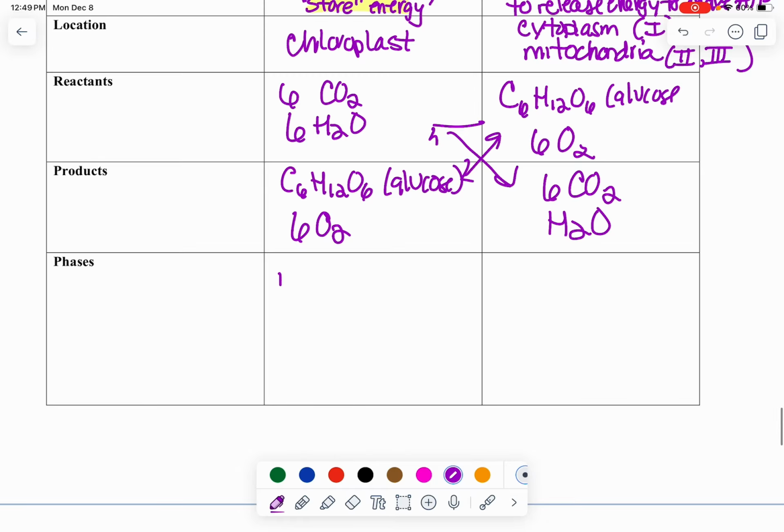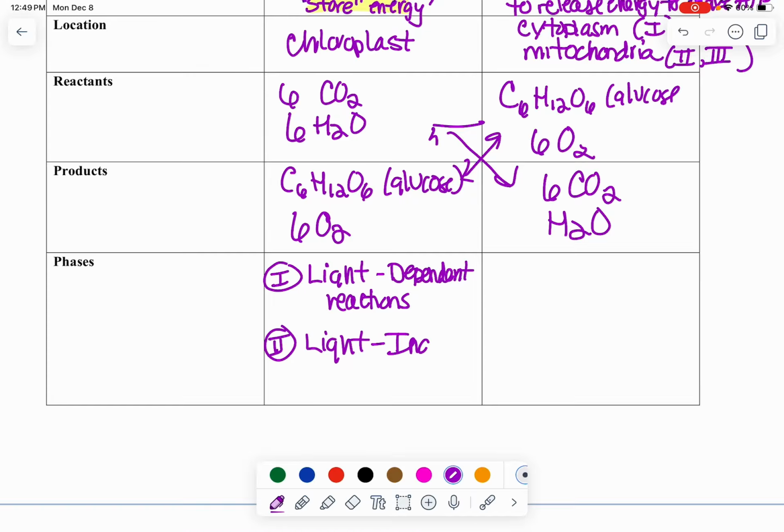And remember the phases of photosynthesis, just to refresh your memory. 1 was the light-dependent reactions. And 2 was the light-independent reactions, otherwise known as the Calvin cycle.